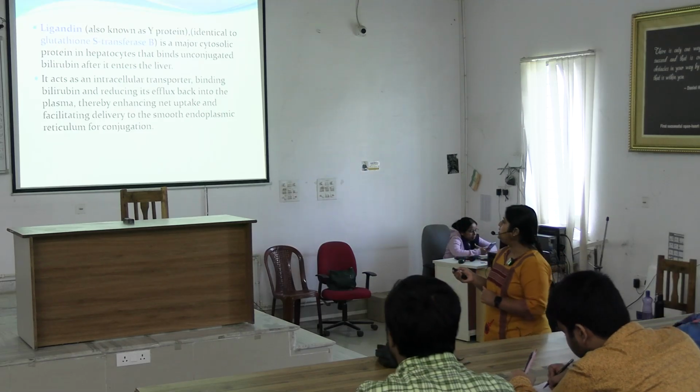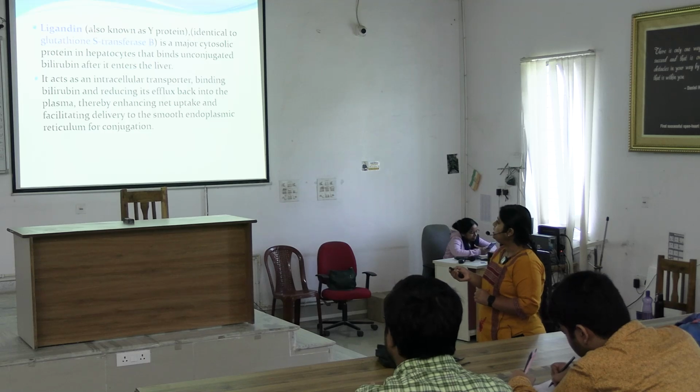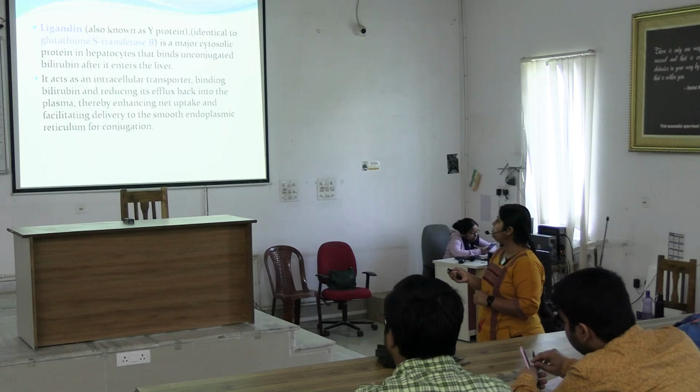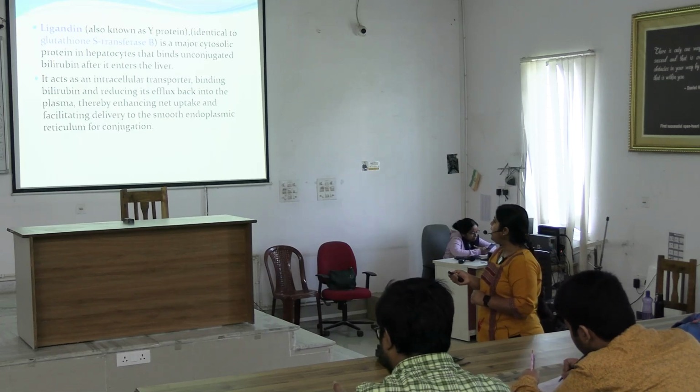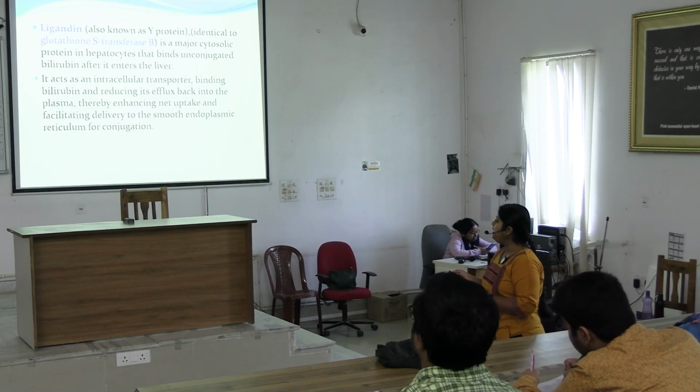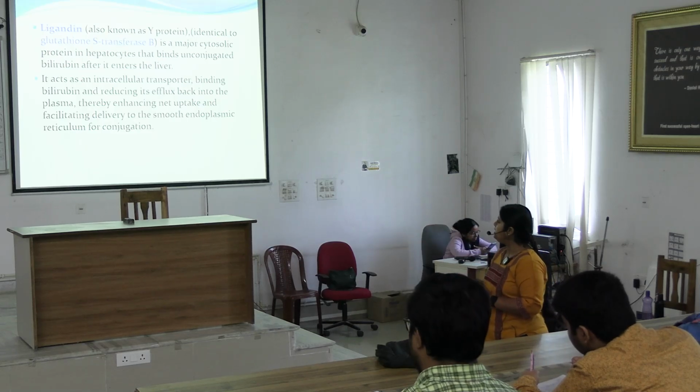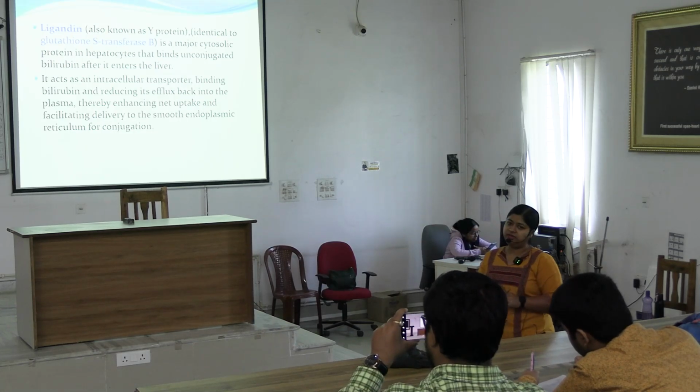Okay, so this is nothing but glutathione S transferase B type of protein, a group of proteins, the glutathione transferase group. This ligandin is a cytosolic protein in hepatocytes that binds the unconjugated bilirubin after it enters the liver.